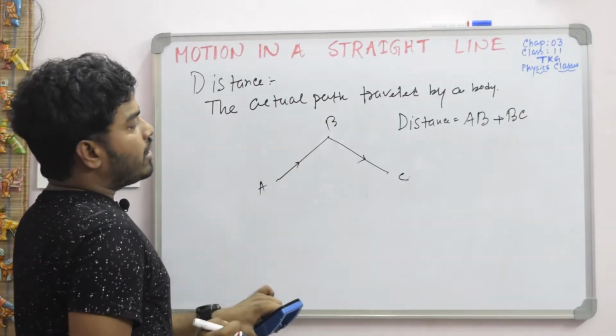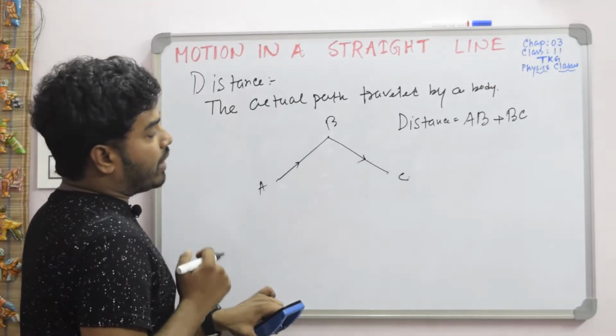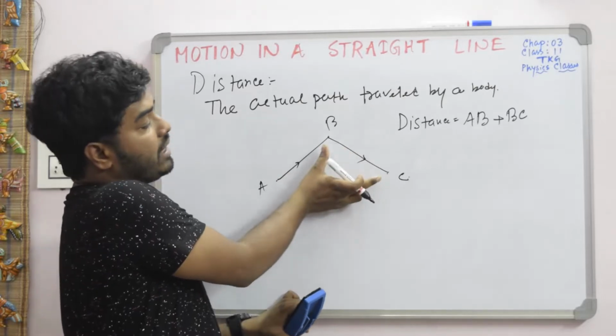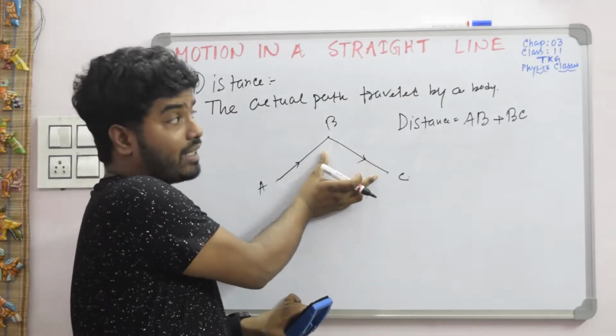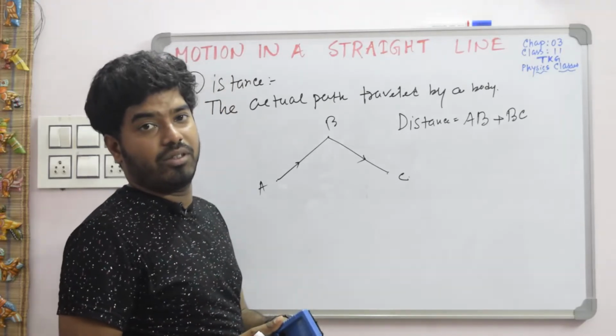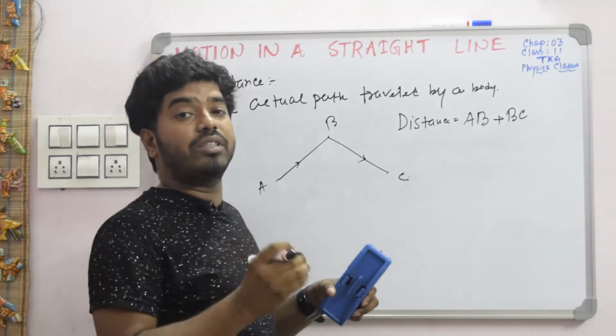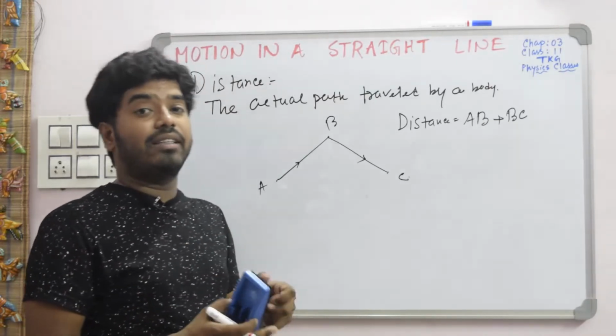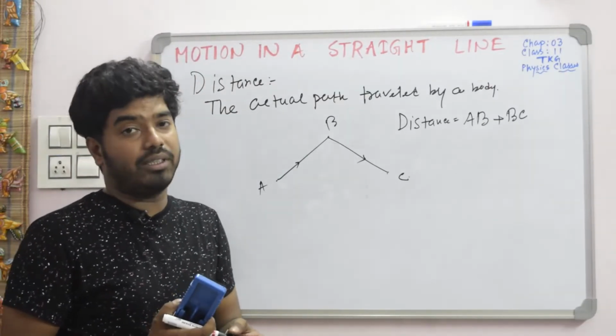Clear? Now check one thing here. AB has some magnitude value, BC has some magnitude value, but distance has no specific direction. So a physical quantity which has only magnitude, no direction, we can say is a scalar quantity.